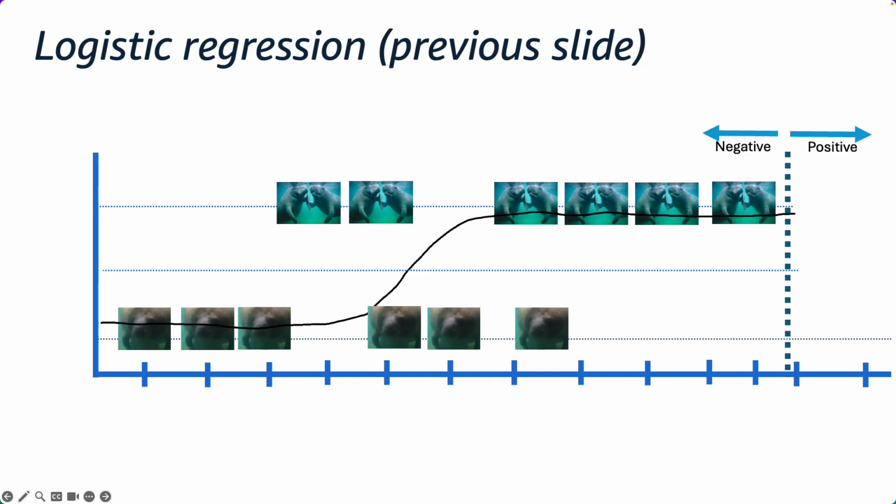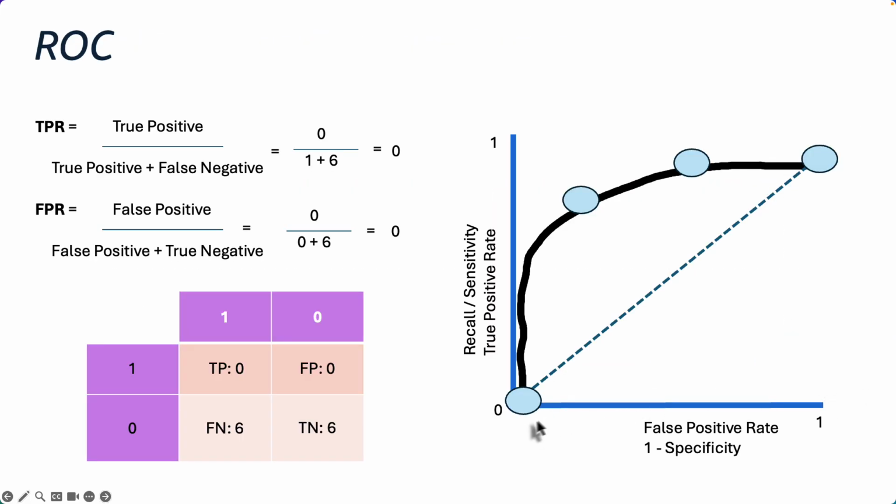And now all our values are classified as a negative value. And we end up with this data point on the bottom left-hand side of our graph at 0. And these are the points for the ROC, and you can connect the dots together as best as possible. And then you see this area under the curve too.